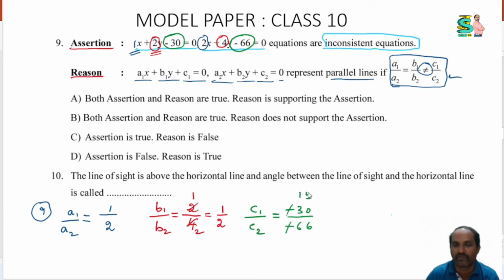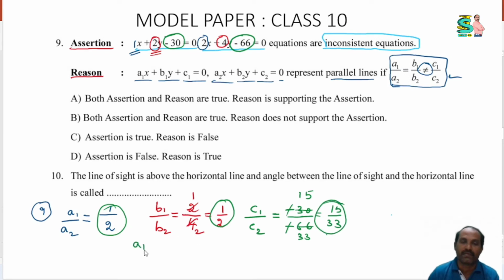Cancelling by 2 and then 3, we get 15 by 33. Look here, 1 by 2. This 1 by 2 is correct, and this one is not equal. So a1 by a2 is equal to b1 by b2 is not equal to c1 by c2.